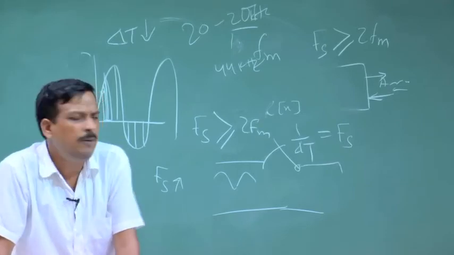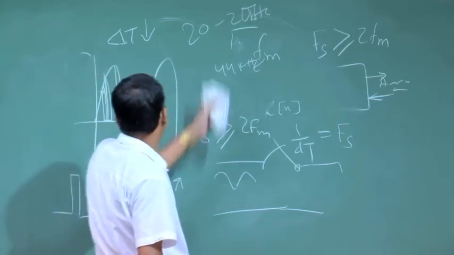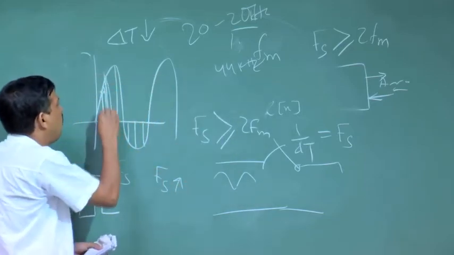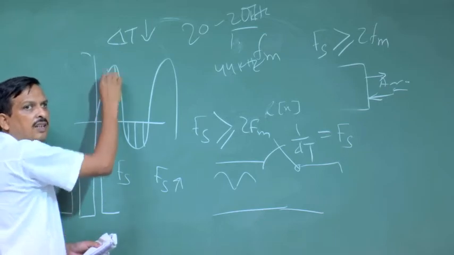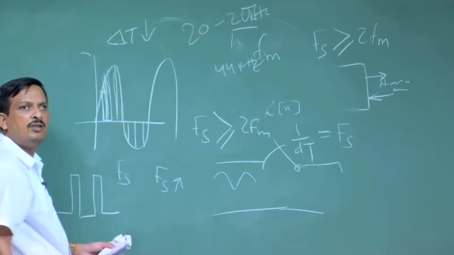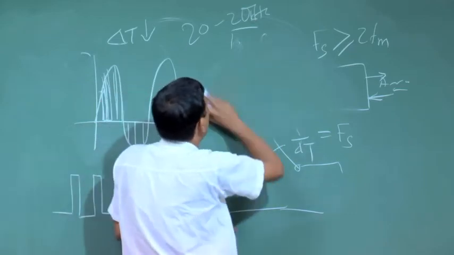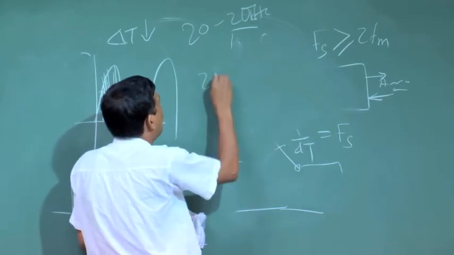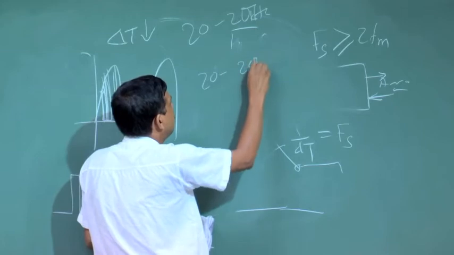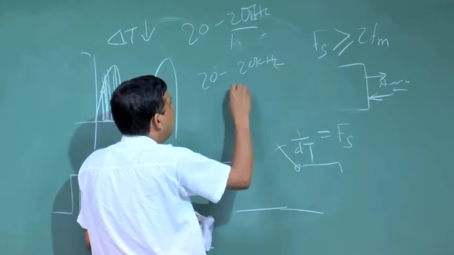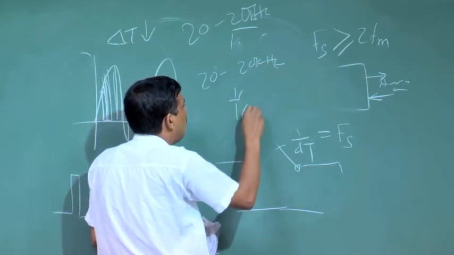Okay. Now, if I increase the sampling frequency, I can take the signal accurately. Now, sometimes, although human speech is 20 hertz to 20 kilohertz, we take a sampling frequency of, let us say, 16 kilohertz.